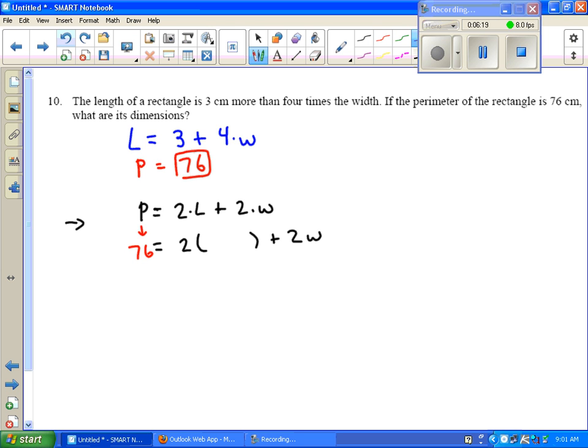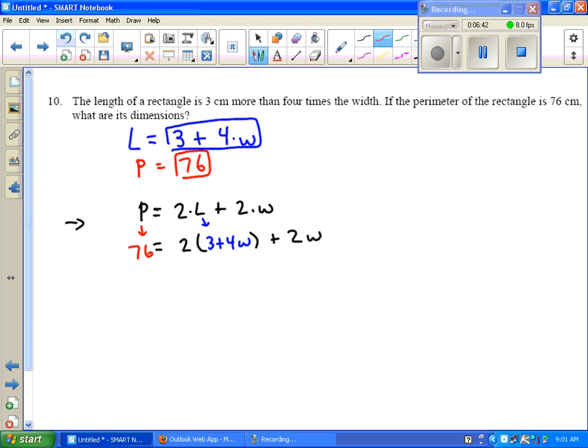It also tells us that L is 3 plus 4W. That means in place of L, we can plug in 3 plus 4W. All we did was substitute in those two values. But notice we went from having a P, an L, and a W, 3 variables, to now we only have W represented. So we can solve to find out what W is.